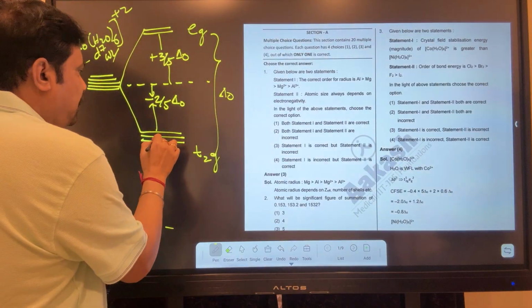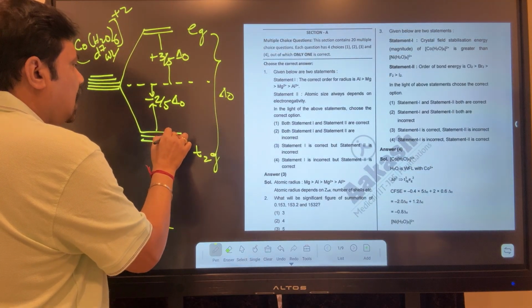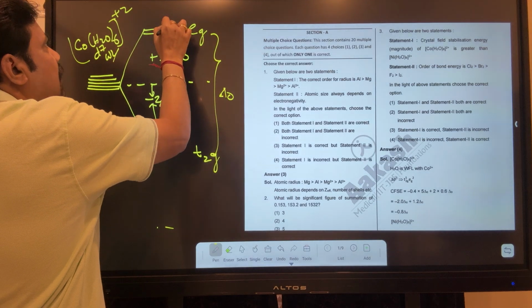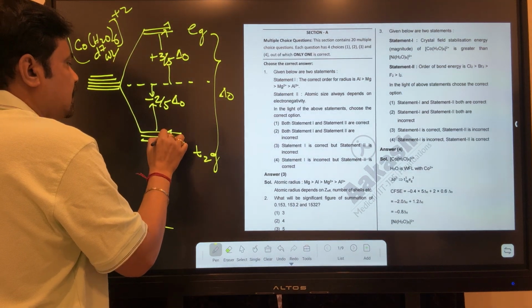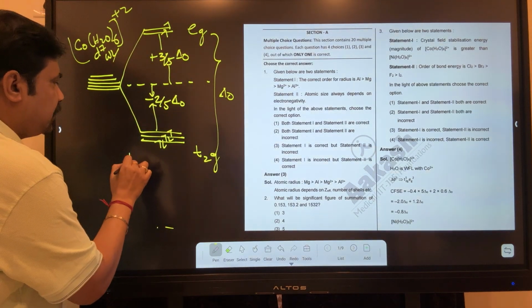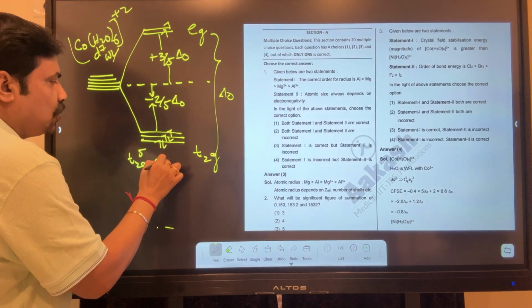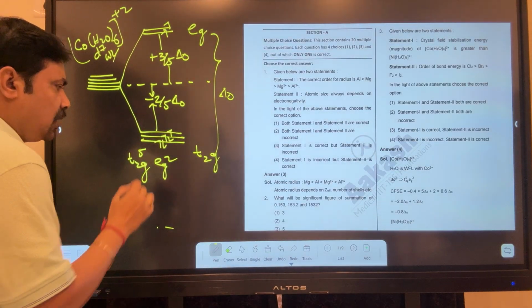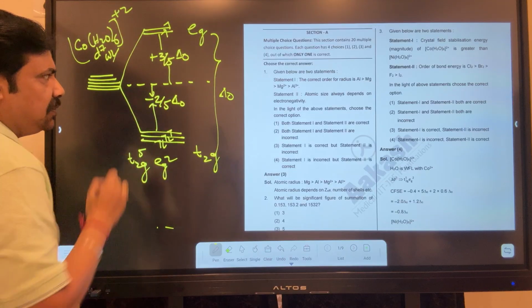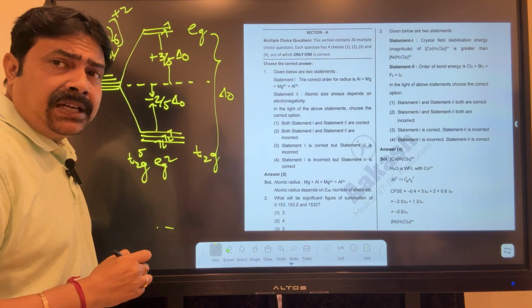Weak field means how will it fill up? 1, 1, 1, 1, 1, that is 5 electrons, then 6, 7. That means the configuration will be T2g with 5 electrons and Eg with 2. Per electron stabilization is -2/5 delta naught.